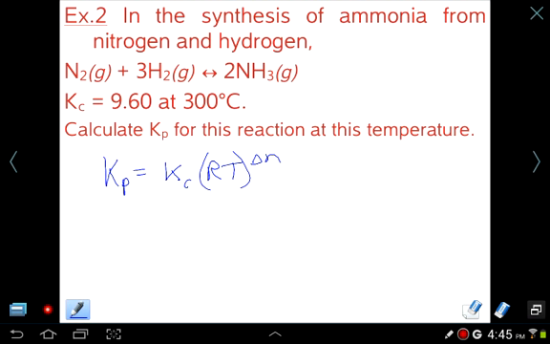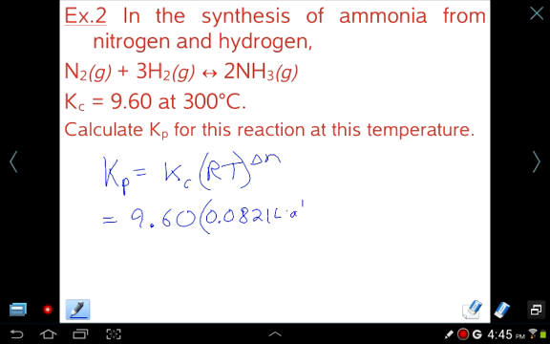So at this point, it's a matter of just plugging in the values and solving for the equation. So Kc is given as 9.60. Now notice that Kc does not have units. Customarily, we don't include units with Kc, with most equilibrium constants. We could derive them, but usually that's not done, so we will leave it off here. We won't worry about the units. So we got 9.60. R is the gas constant, and if you remember, it's 0.0821 for 3 significant figures.